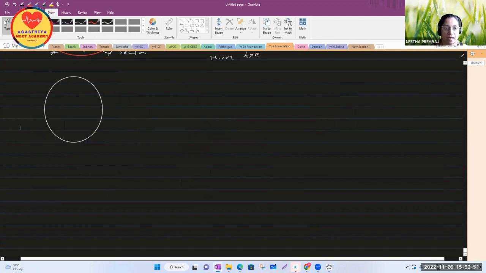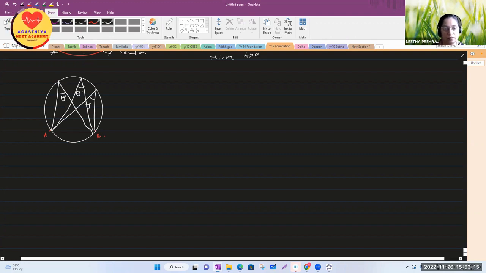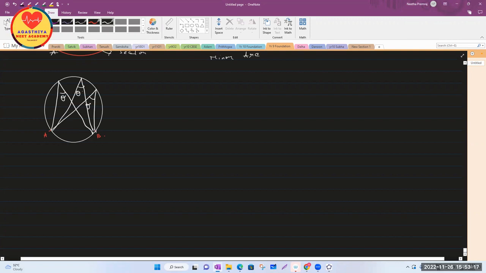I consider an arc. AB is an arc. Whatever angle it makes at the circumference will be the same. So if it is theta, then wherever you take, that will be theta only. If it is 30, the same arc makes 30 degrees only. Yes, this is one theorem.